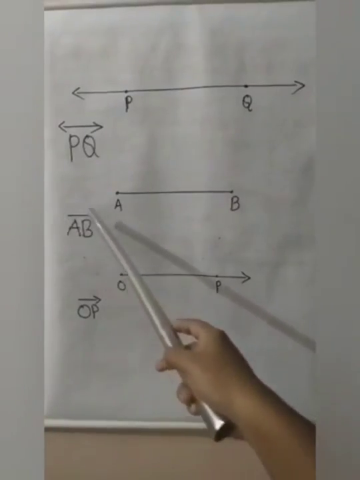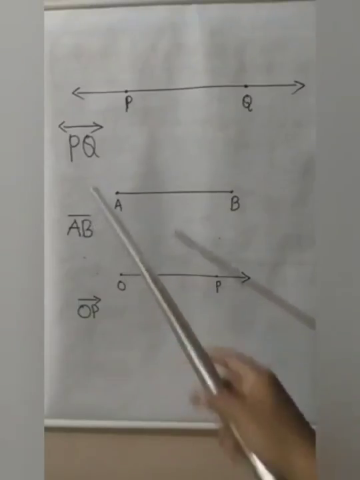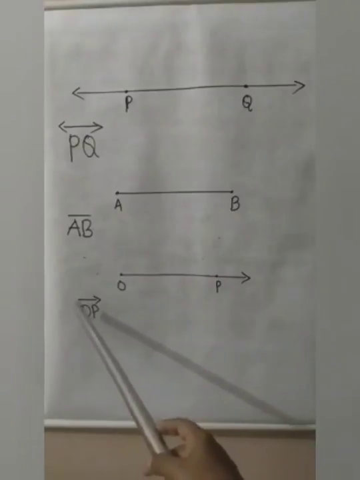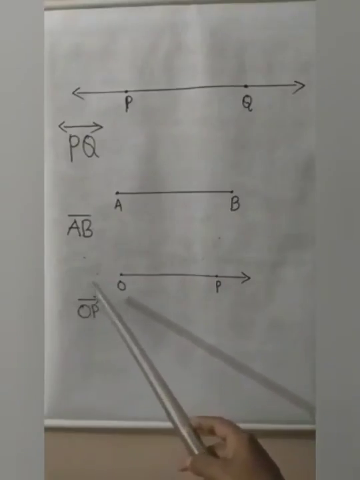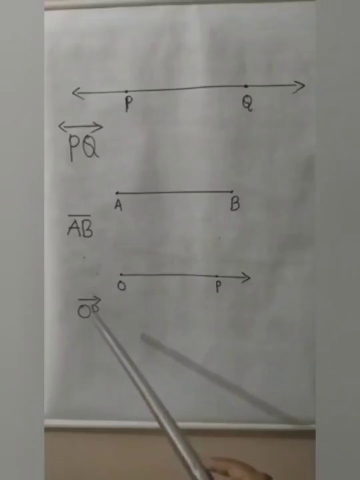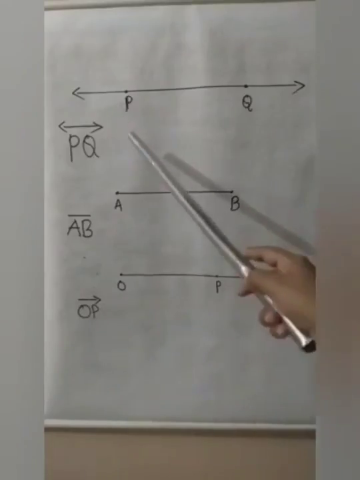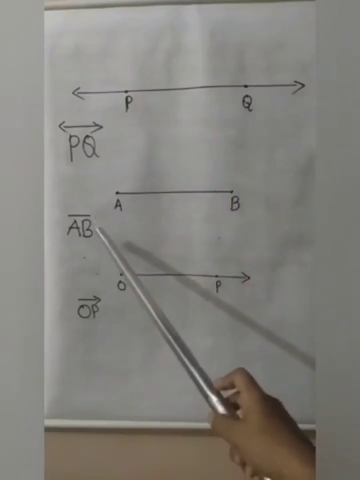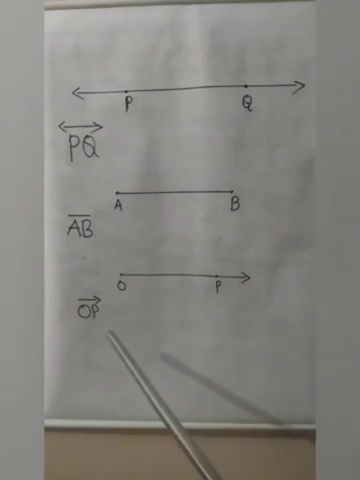That means both the ends have an end point. Now ray means what? OP is a ray. So how are we writing? One end we have end point, the other end is extended. So it is marked by an arrow. So this is line PQ, line segment AB and ray OP.